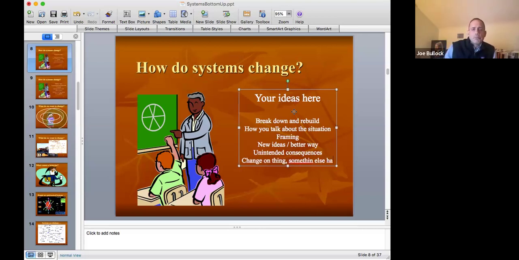I'm going to go ahead and add my 2 cents. I think systems will often change as a result of limited resources being used, driving up the price of a particular good.